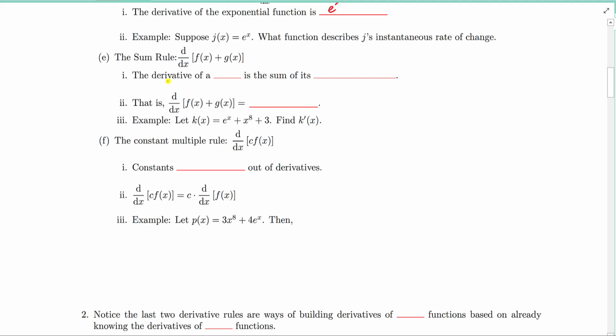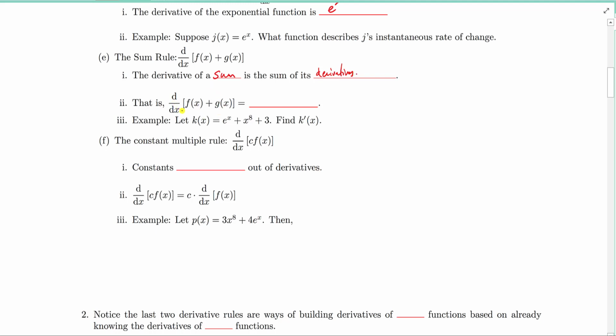So now we get into our first rule that allows us to compute new derivatives based on knowing the derivatives of old functions. The first one is the sum rule. The phrase that we used is that the derivative of a sum is the sum of its derivatives. What that says is we can take derivatives termwise.